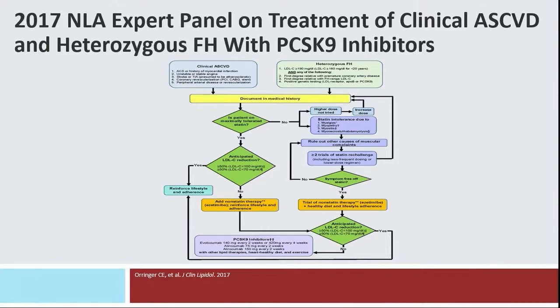Now, of course, the NLA talks specifically, it's in the purple section here, on statin intolerance, which unfortunately never really gets put into anything. They talk about maximally tolerated statin. Well, what if that's 0 milligrams of statin? What if it's 10 milligrams of atorvastatin 3 times a week? Well, that's obviously a person who cannot tolerate high intensity or even moderate intensity statin.